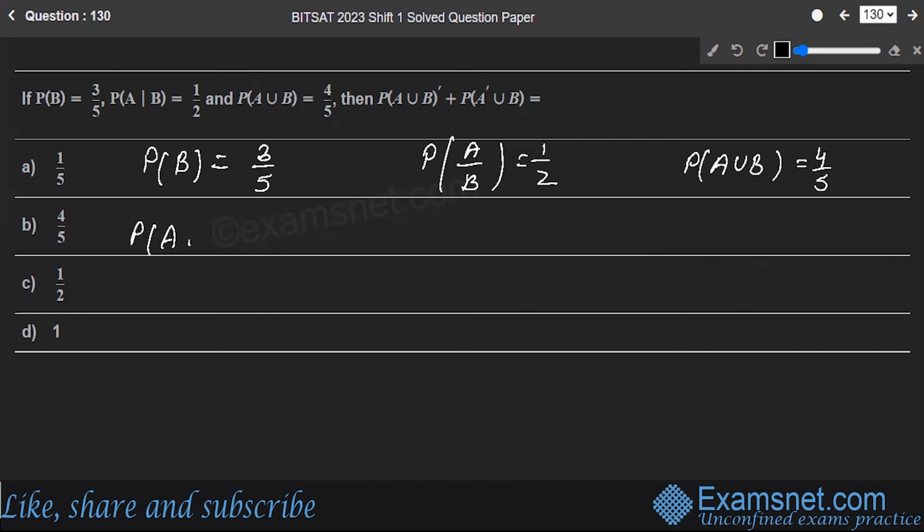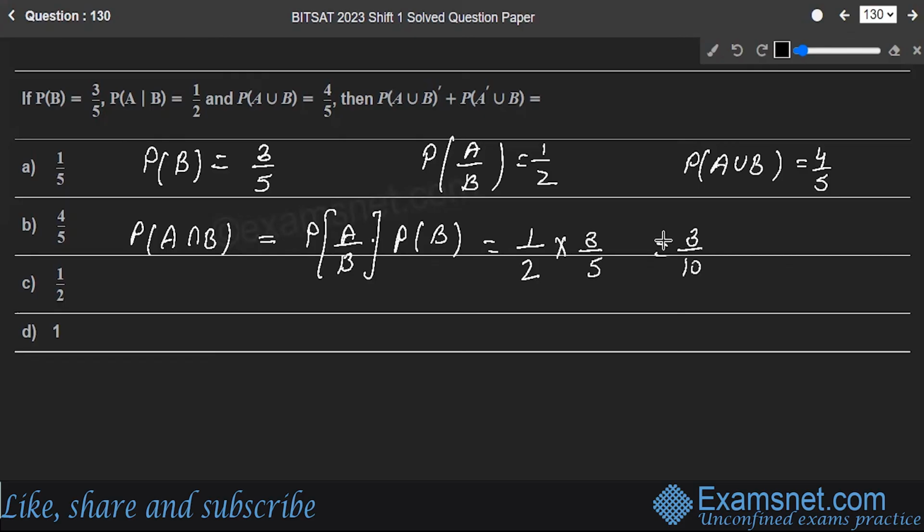So probability A intersection B is equal to probability A upon B into this. So this is equal to 1 by 2 into 3 by 5, which is equal to 3 by 10. So also probability A union B is equal to probability of A plus B minus A intersection B. I don't know what is the PA.